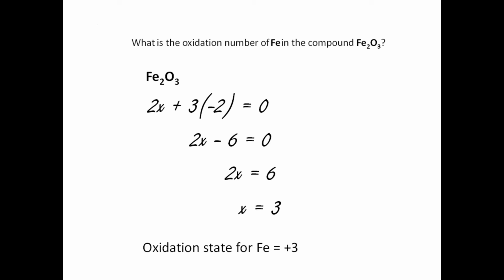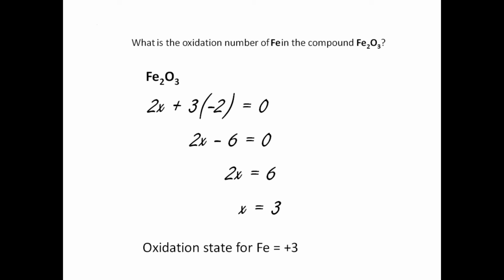So x equals 3. So the oxidation number of iron in this case is +3. So no wonder the compound is written as iron(III) oxide, to indicate that the iron in this instance has a +3 oxidation number.